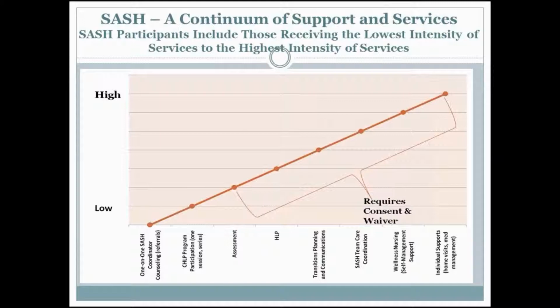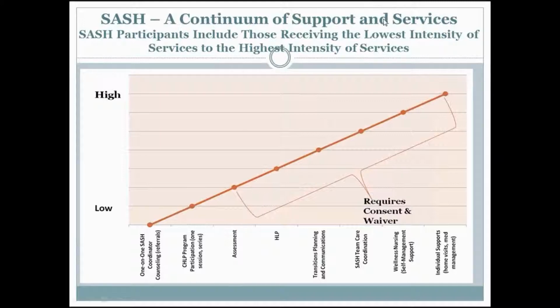But once you get to these higher level, kind of go further up on my line here, you have things like the assessment. The SASH assessment gets completed. HLP is the Healthy Living Plan. That's the individualized plan that you all will do with participants. You also have transitions planning and communication, SASH team meetings. I keep losing my mouse.